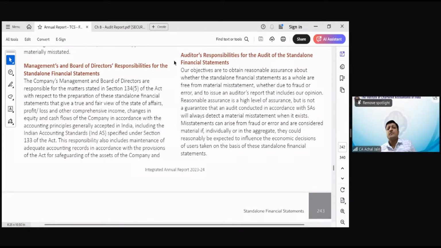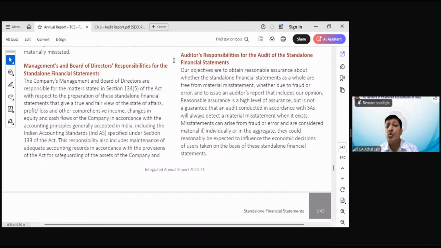Okay, saying high level of assurance. Anyone else? Prem says high level of assurance by obtaining sufficient and appropriate audit evidence. That's correct.